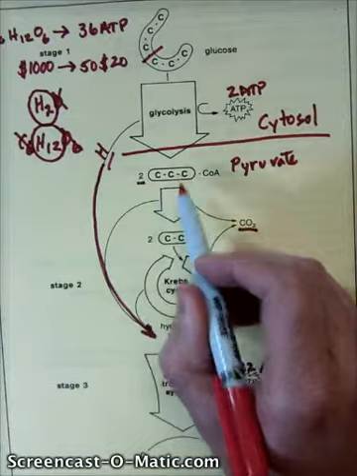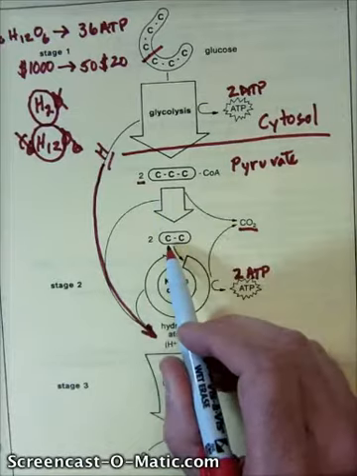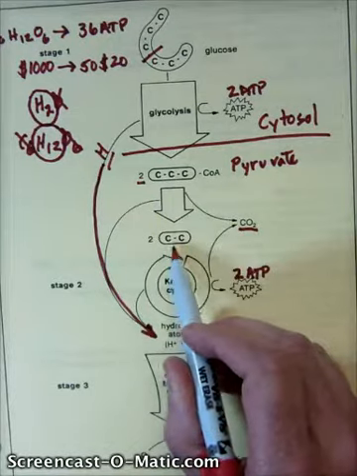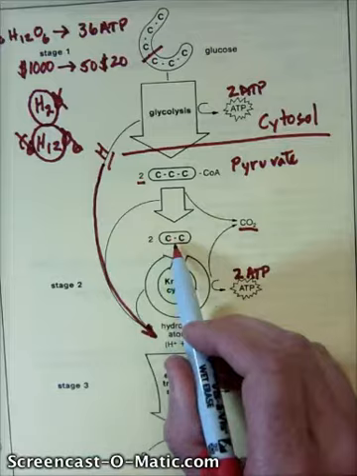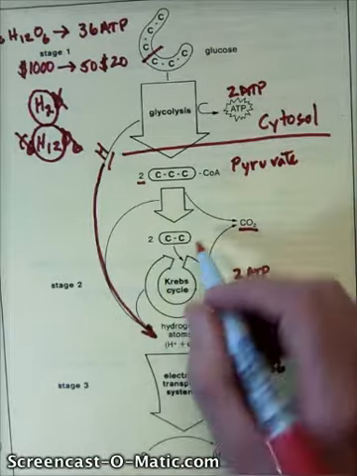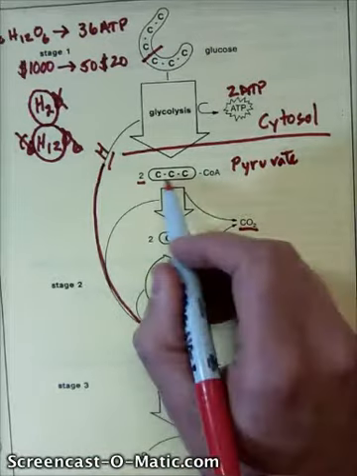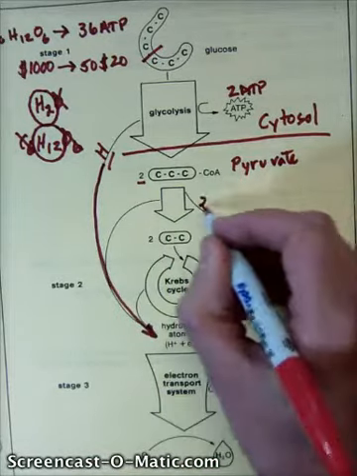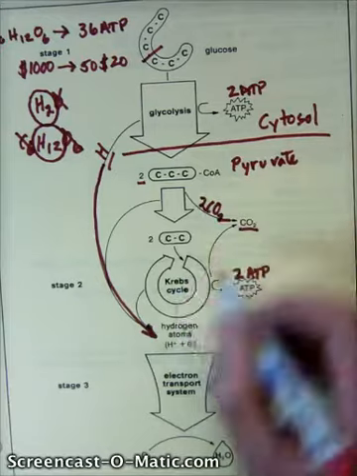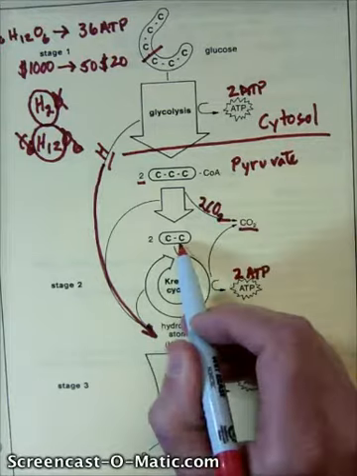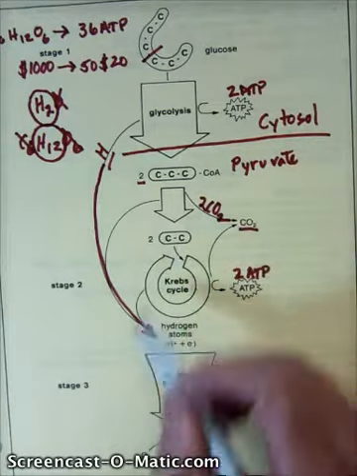What we want to do is reduce them down to 2-carbon molecules. And we do that by removing a carbon dioxide. So if we had 2 3-carbon molecules, each one loses a carbon dioxide, then we end up with 2 2-carbon molecules to go into the Krebs cycle, like this.